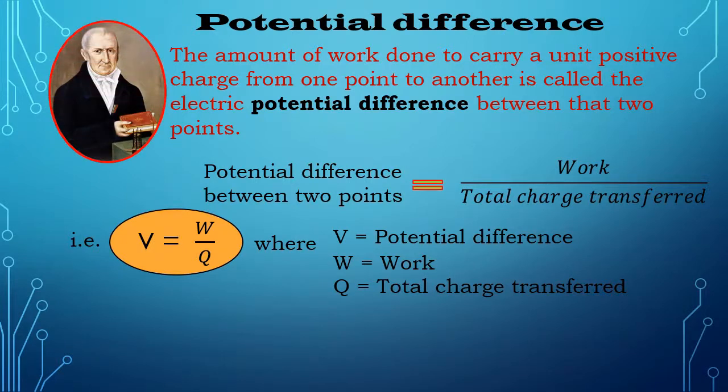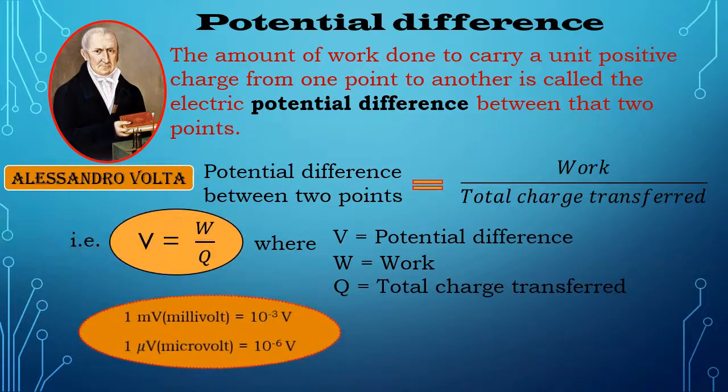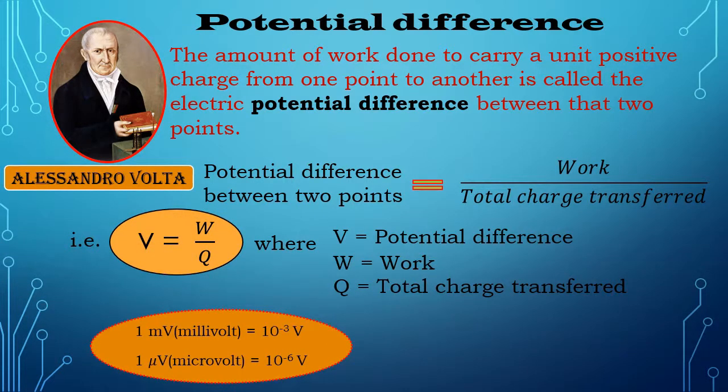The Italian scientist Alessandro Volta constructed the first electric cell. Therefore, the unit of potential difference is named as volt in his honor. Very small values of potential difference are expressed in millivolt and microvolt. 1 millivolt is equal to 10 raised to minus 3 volt and 1 microvolt is equal to 10 raised to minus 6 volt.